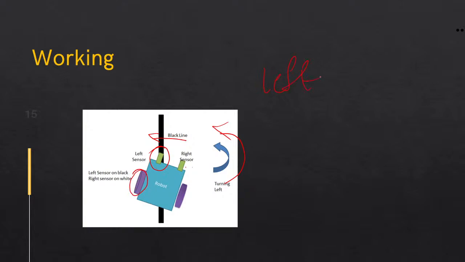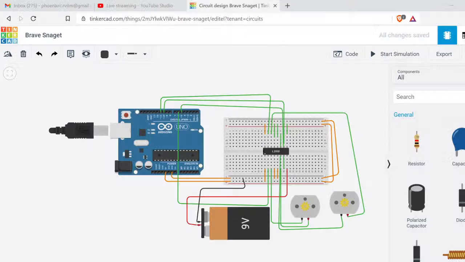M1 will be 0 and M2 will be 0. There will be no potential difference, so no current, so the left motor will stop running and the right motor will move, so that it will turn like this. If the left motor is stopped and the right motor is moving, it moves towards the left. That is what we have to code.